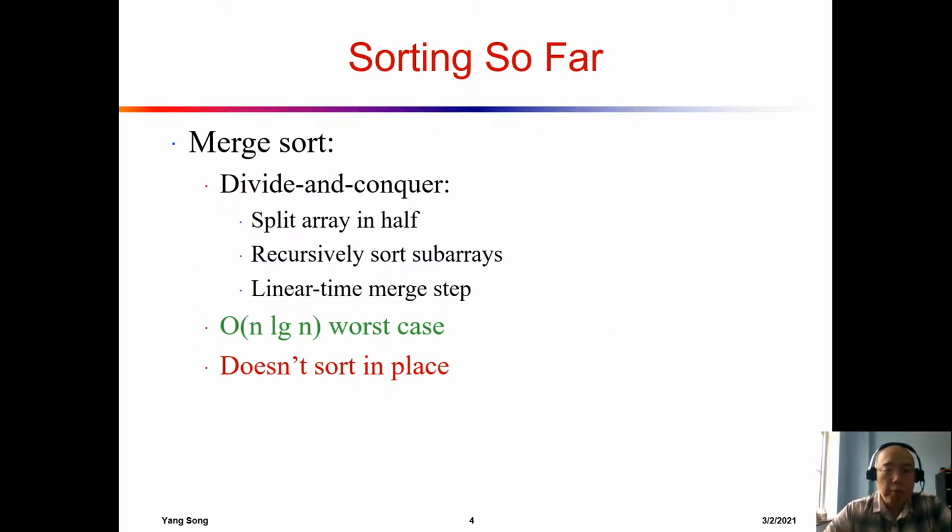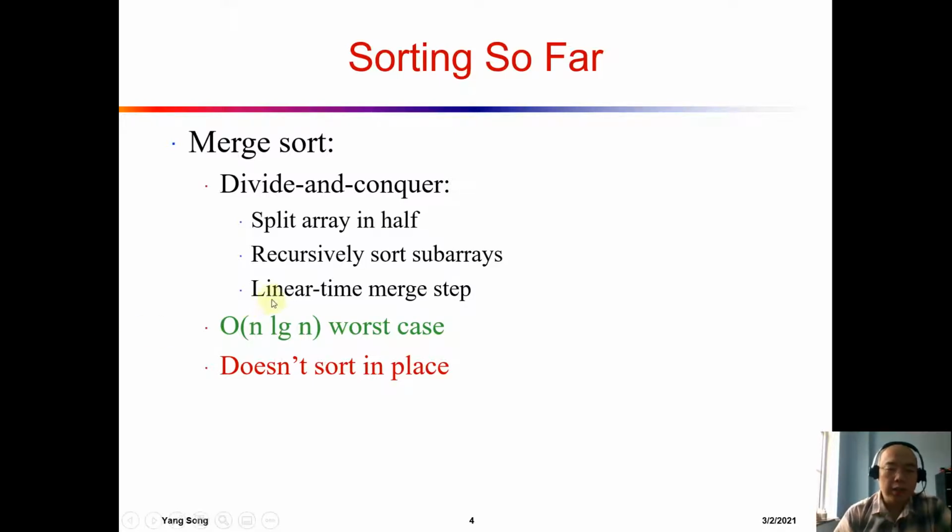And how about the merge sort? The merge sort is a divide and conquer algorithm, and we want to split the array to be sorted into two halves, and then we recursively sort the subarrays, and then eventually we have to spend a little bit extra effort to combine two sorted sublists into one sorted list.